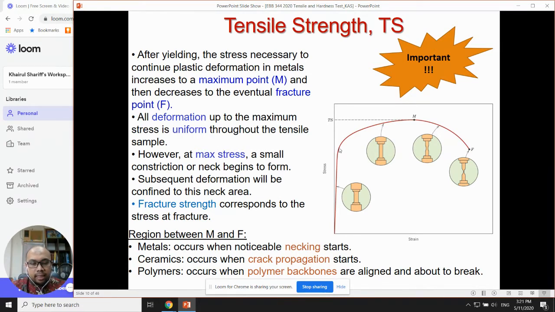But if you exceed the yield strength value and move toward the end point, you can see the material starts to elongate. The area of the sample is reduced, and the length of the sample in the vertical direction becomes longer. After exceeding the UTS value, the necking formation has already started, and finally the sample fractures.